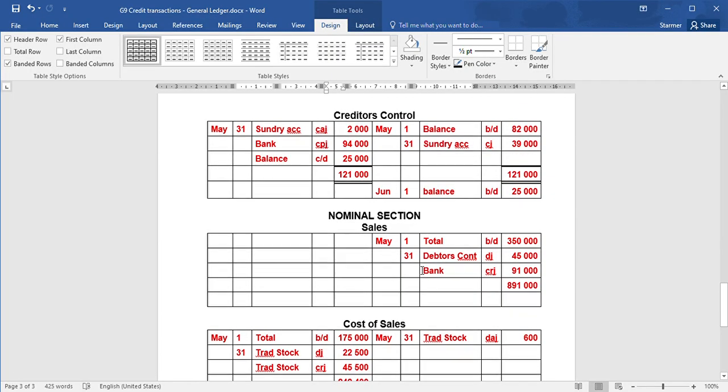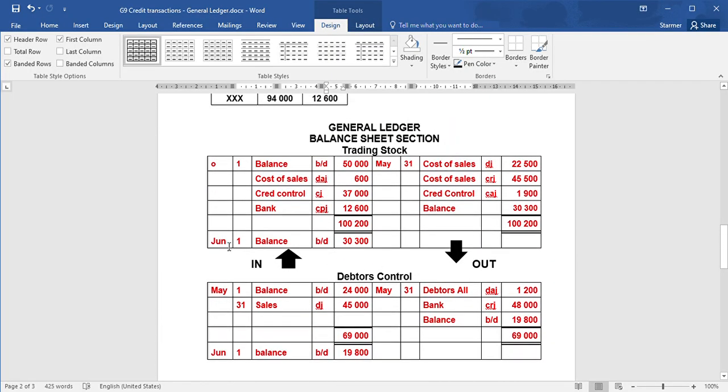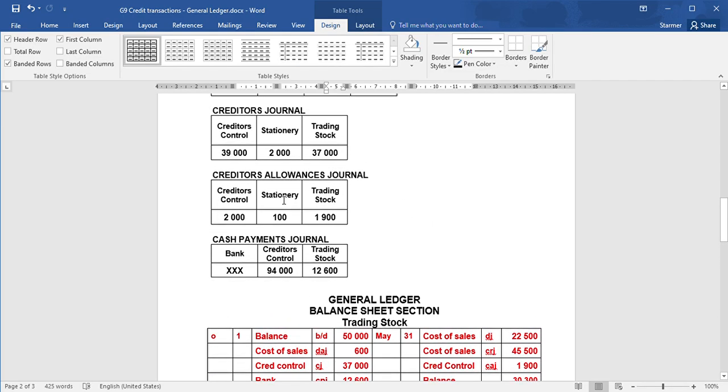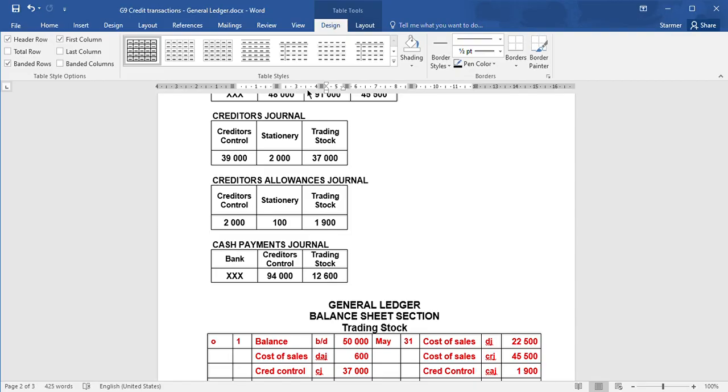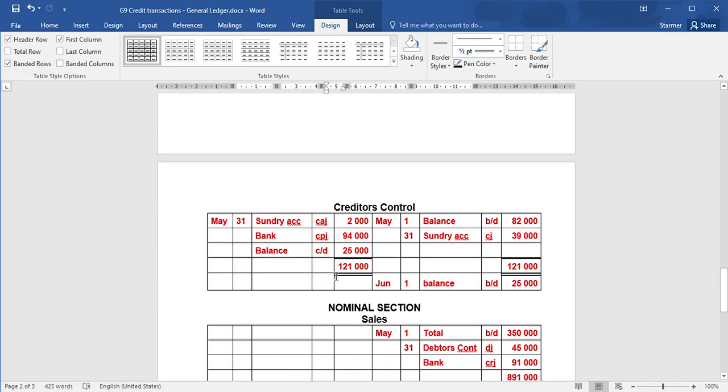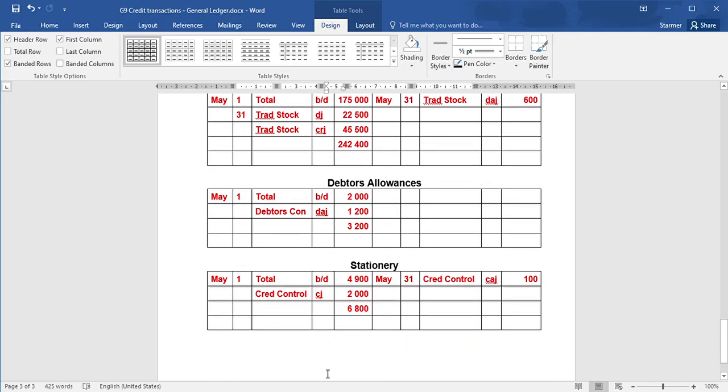So on the plus side of trading stock, because stock is coming in, your details creditors control. Likewise, when you post the stationery is increasing here, and your details will be creditors control 2000.